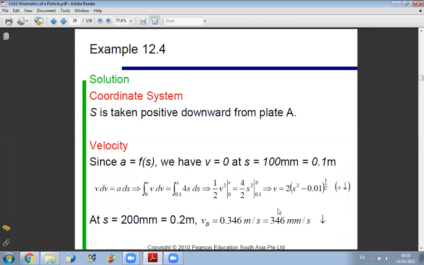get the velocity. Now, the next step, because I want to get the time needed to reach B, then I should find the relation between v and t. So I should write here, or s and t. So I know that v is ds by dt. And since I got v as a function of s, then I can do separation of variables here, since the two variables will be s and t.